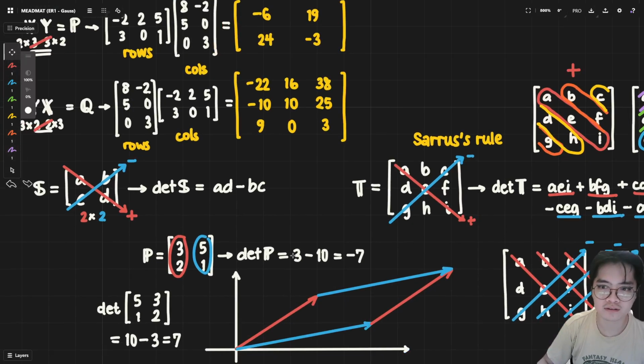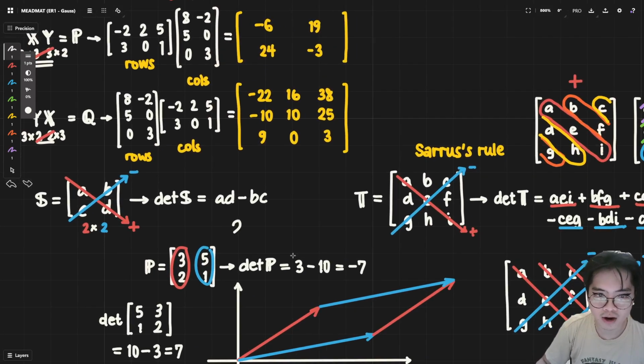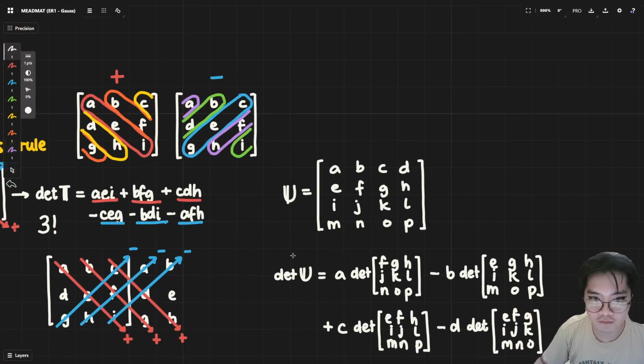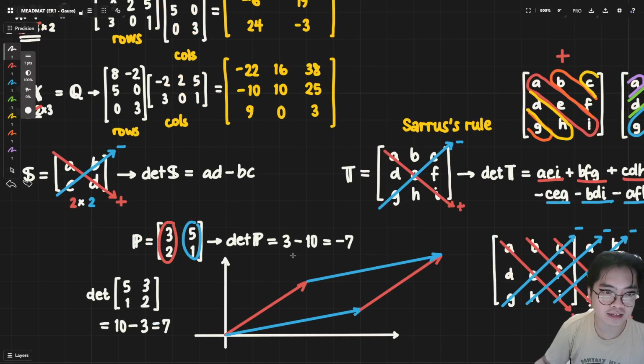So, as you can kind of guess, if you have a 2 by 2 matrix, you will require 2 factorial terms. If you have a 3 by 3 matrix, you will require 3 factorial terms. If you have a 4 by 4 matrix, you will require 4 factorial terms. And we can go on and on, right? For the 5 by 5 matrix, right? Suffice to say, that is a lot of work, right? That is a lot of work.